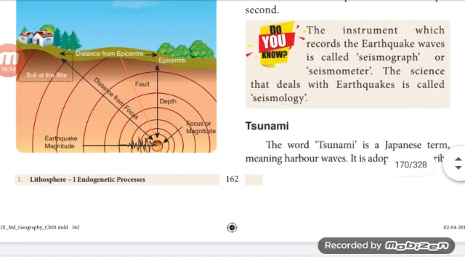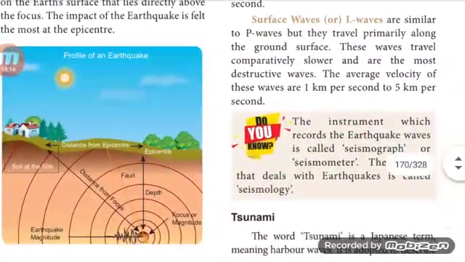And the third type is surface waves or L waves. They are similar to P or primary waves, but they travel first or primarily along the ground surface. But their speed is very less.